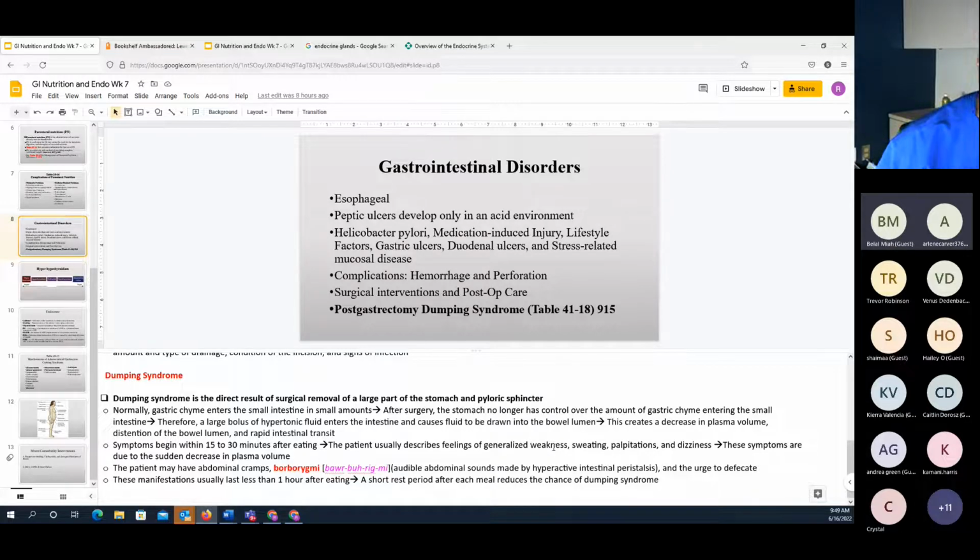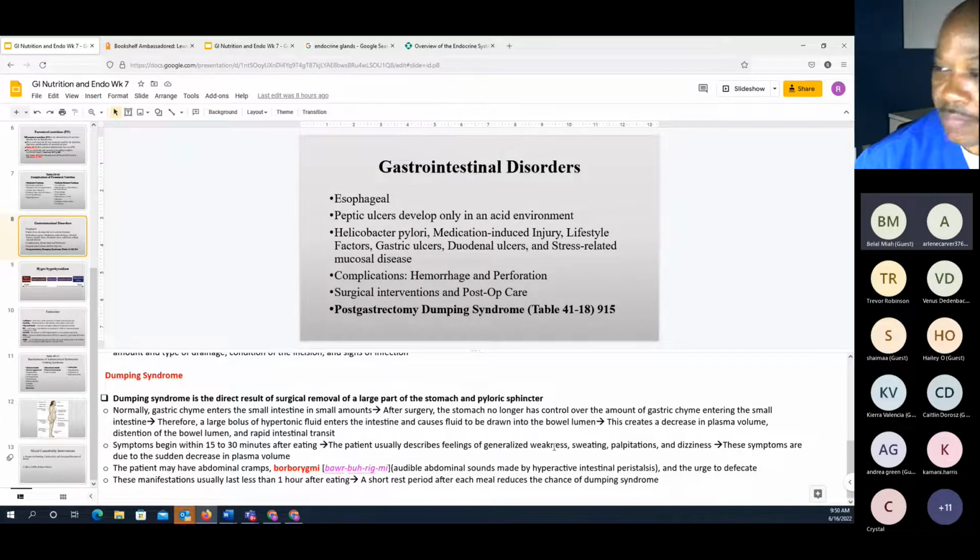It's kind of like if somebody has cerebral edema, we give them a hypertonic solution like mannitol, and it pulls that fluid out of the cells. Well, when this hypertonic chyme enters the small intestine, it also pulls a lot of fluid from the intravascular space. And we know that when it does that, these patients are going to experience what we have here.